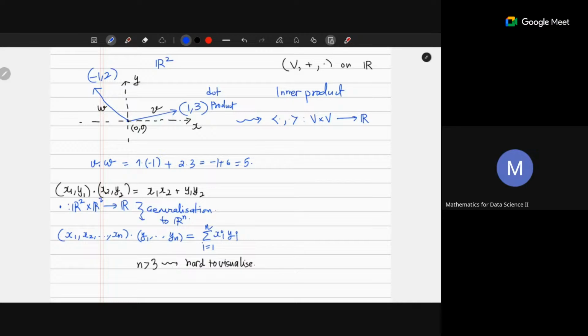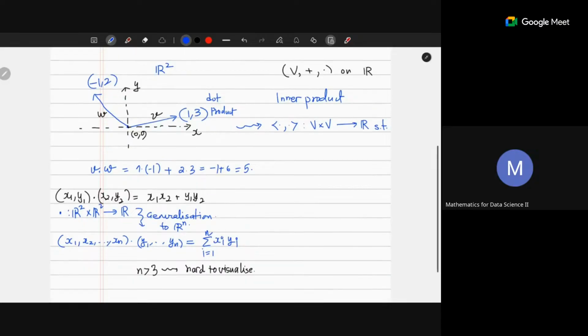All right. And this function satisfied the following properties. So first property is that the inner product of the vector with itself has to be positive or zero, with equality holding only at v equal to 0.